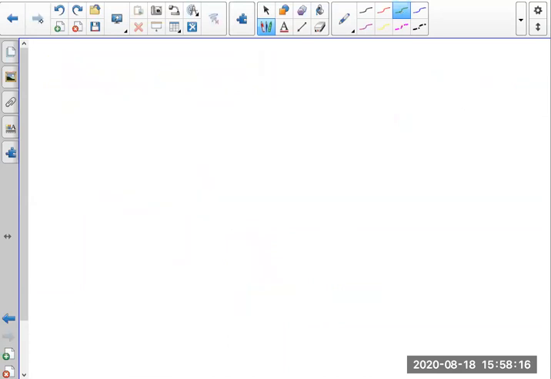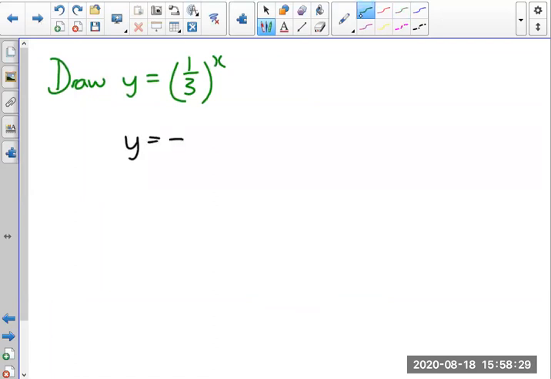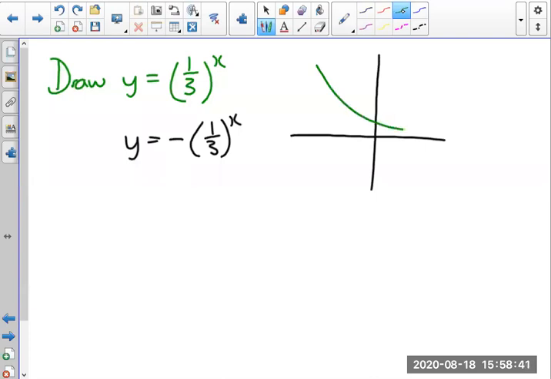And then the same will apply if I say draw y equals a third to the x, and I ask you to draw minus a third to the x. Because a third to the x is that one that's decreasing. Asymptote is still the x-axis.